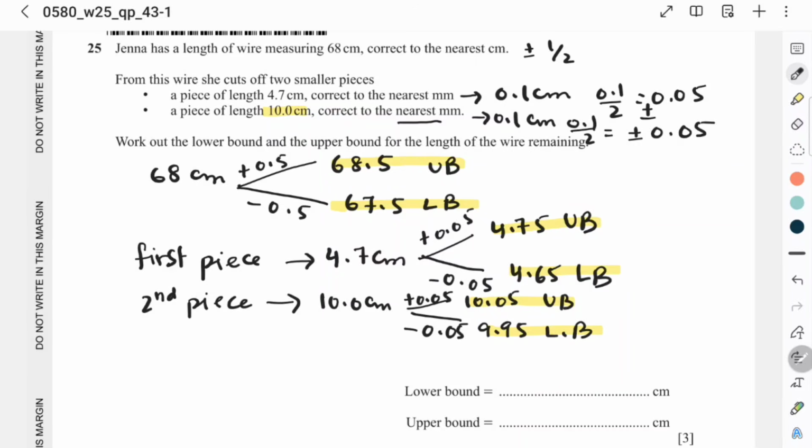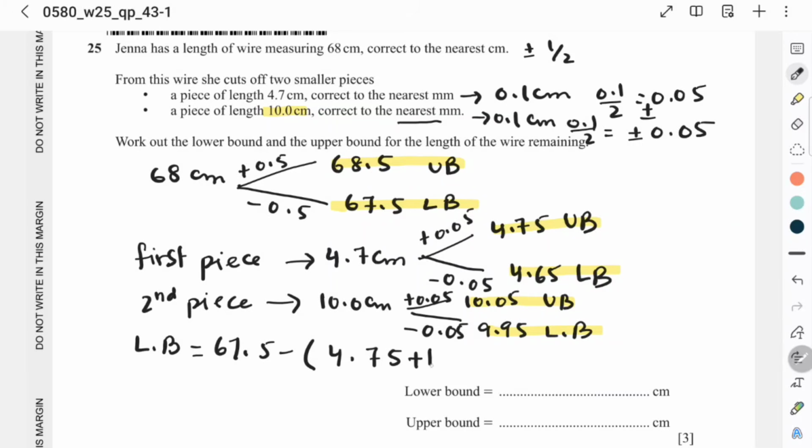Now find the upper and lower bound of the length of the remaining wire. To get the lower bound of the remaining wire, you take the lower bound of the full length minus the upper bound of the pieces. So subtract the maximum cut: take the minimum original, which is 67.5, and subtract the maximum cut, and you will get the lower answer.